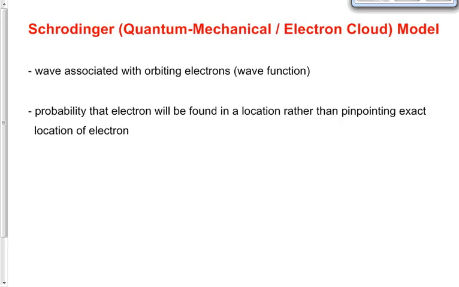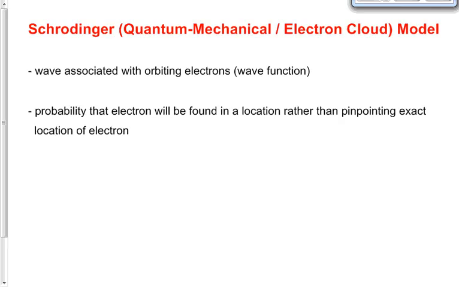This is the one we currently buy into, even though it's almost 100 years old, 84 years old, 1930, I think it was. The Schrödinger, the quantum mechanical, the electron cloud model of the atom. All of these things mean the same thing, so be prepared to see any of those terms. Schrödinger, quantum mechanical, electron cloud model of the atom.